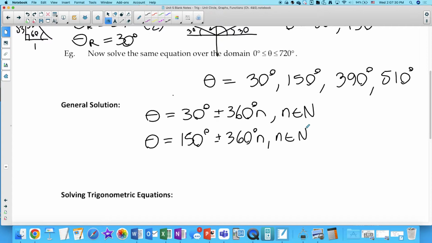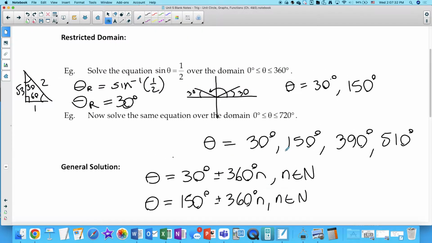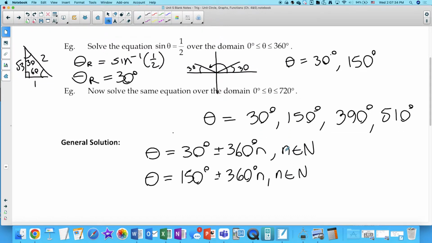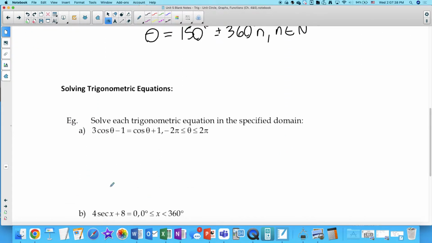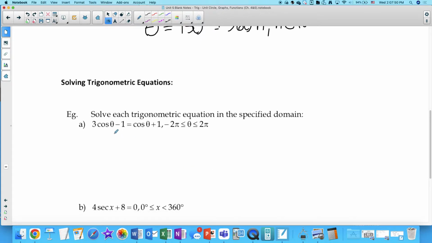Okay? All right, so this first example was a very, very basic trig equation. What we're going to look at next is a trig equation where we actually may have to do a little bit of work first to be able to get the trig ratio, right? So here we have 3 cosine theta minus 1 equals cosine theta plus 1.